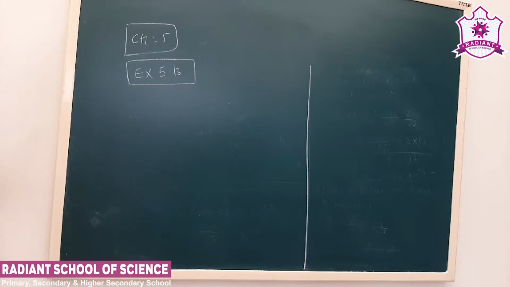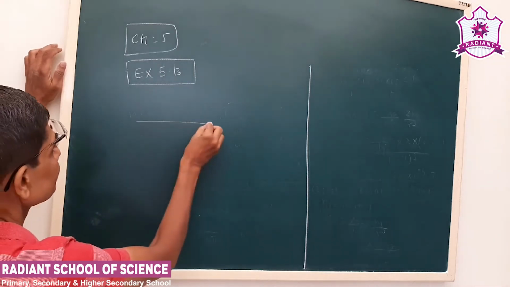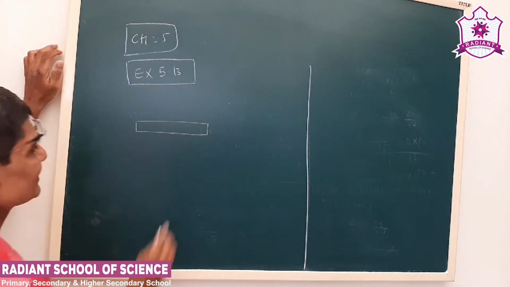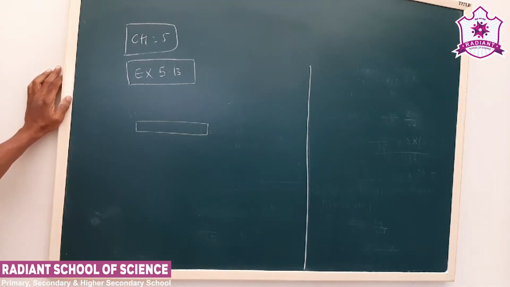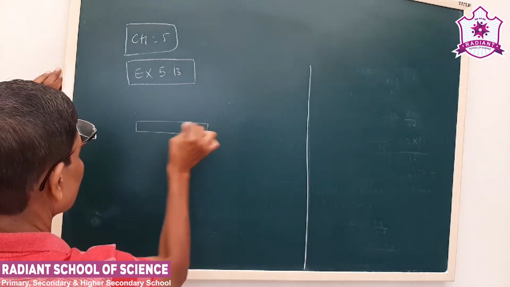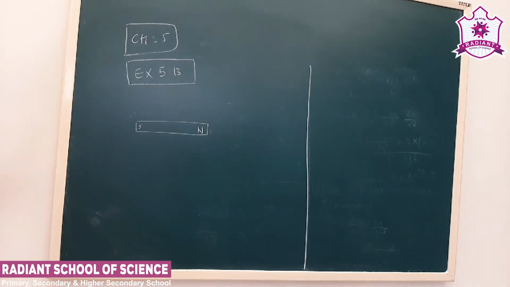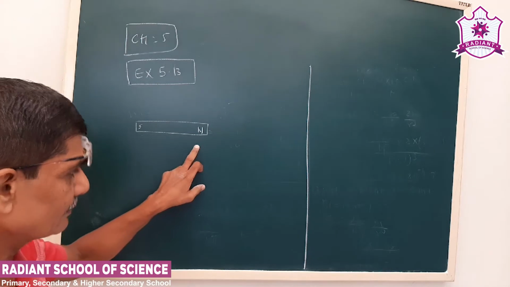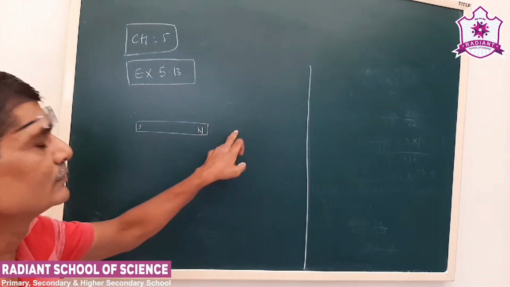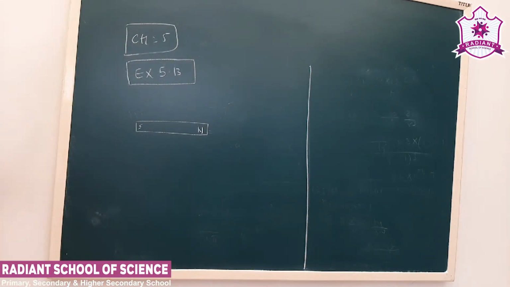Okay, magnetic north-south direction. Now let us say, see the bar magnet, see the north of the bar magnet, see it is the magnetic south. Okay, that we have to keep in mind.